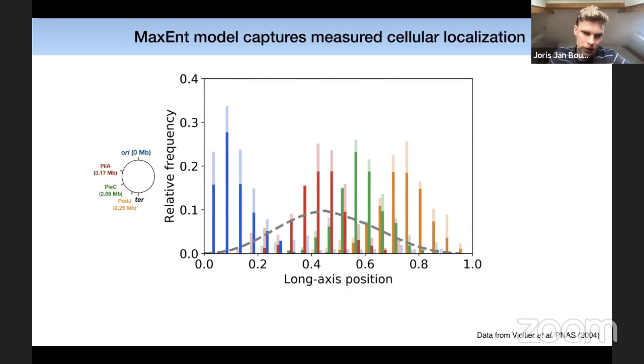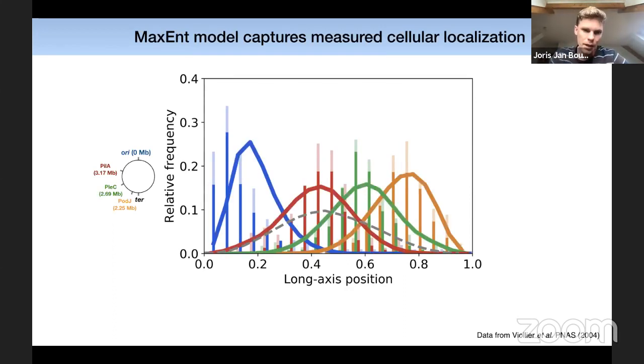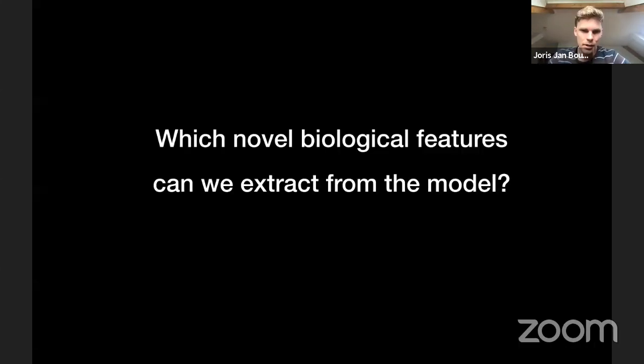However, for the maximum entropy model, this is what they look like. And so we see that the two actually match quite closely. So this tells us that the model, in fact, has predictive power, and we can learn things from predictions of the model. So the next question is then, what novel biological features can we extract from the model?